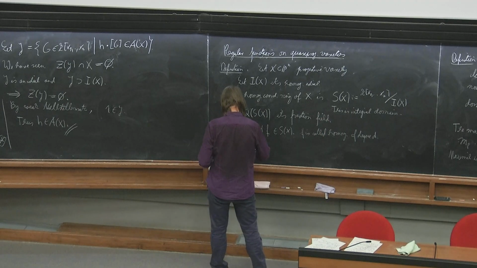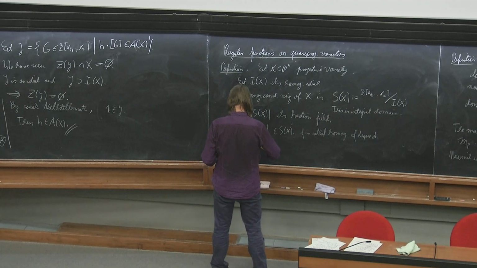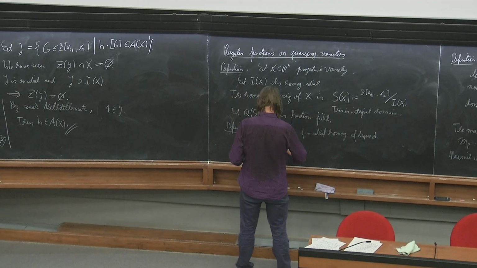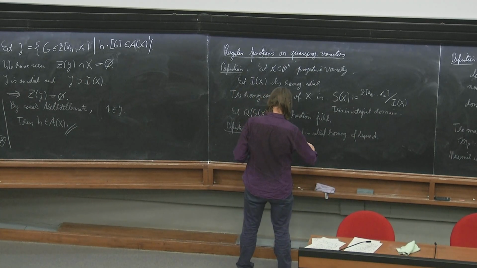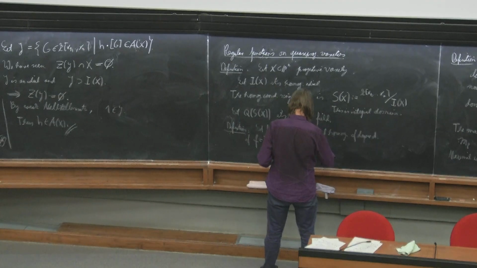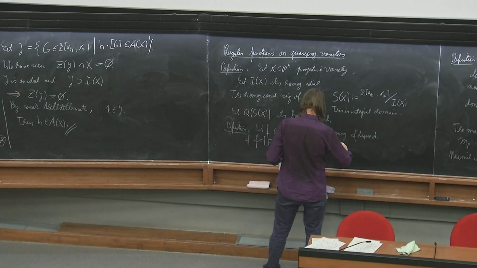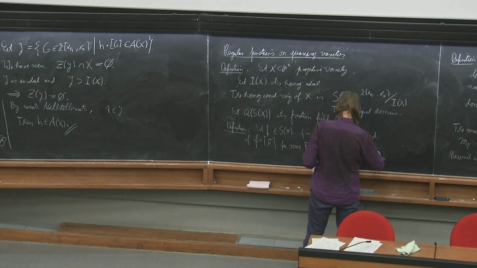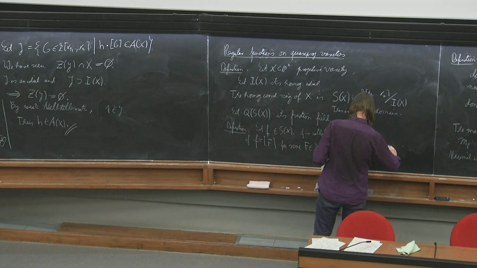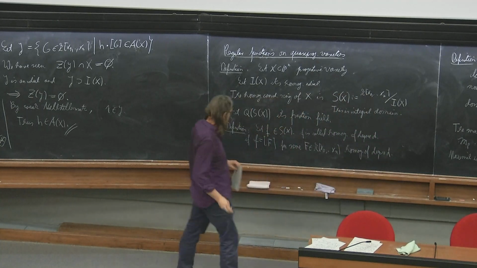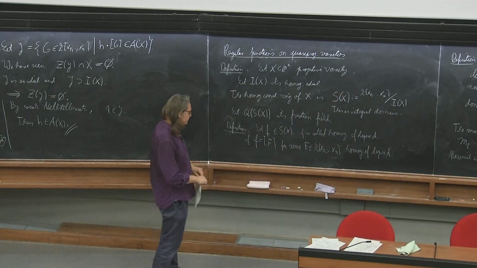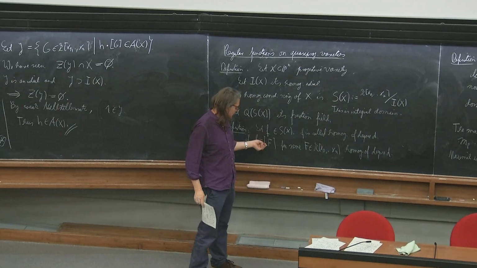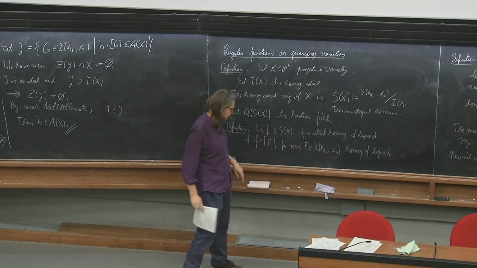So if F is equal to the class of f for some f in K[X0,...,Xn] homogeneous of degree d. Easy to check that this is well defined, so any homogeneous representative of F will have the same degree.